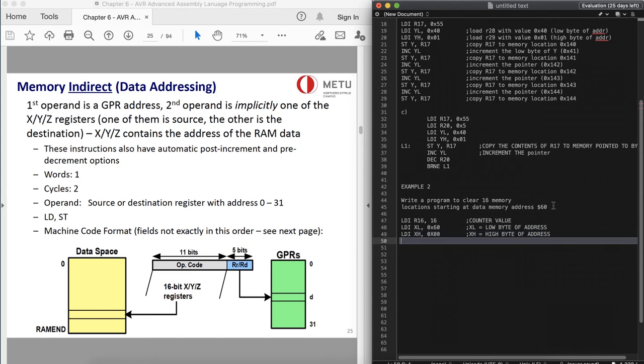Now, we can define another register, LDI R17 to be 0. So as we want to clear, we have to make everything 0. Okay? So in this case, what we need to do, let's use tabs.